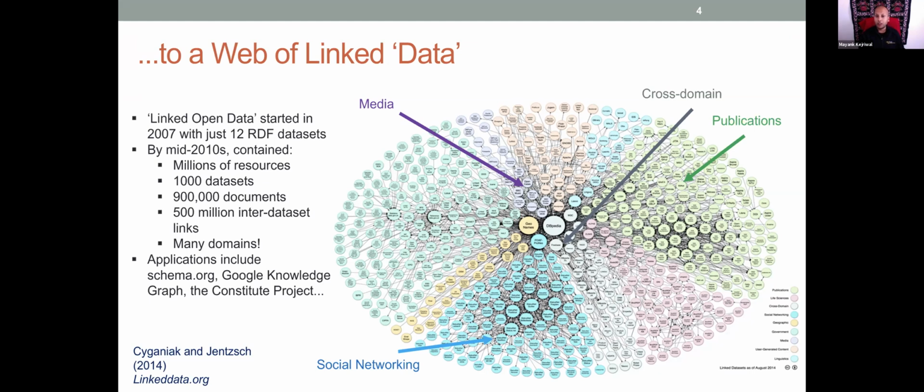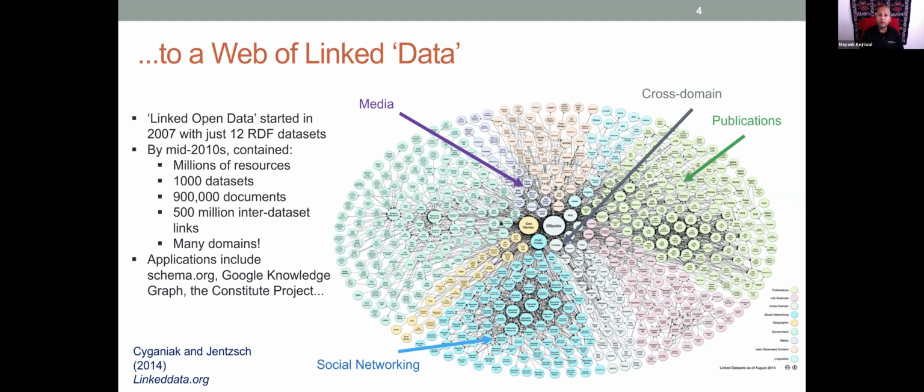But we are datafying a lot of the information that is on the web. The Google Knowledge Graph, of course, is a very good example of that. But even before the Google Knowledge Graph in 2011, we already had a movement underway called linked open data. This is just a visual of linked open data in the mid 2010s.